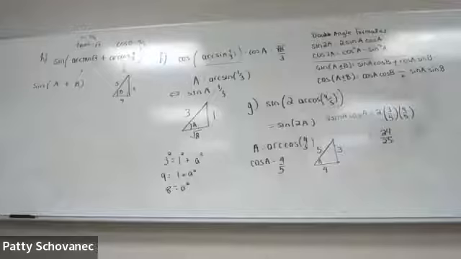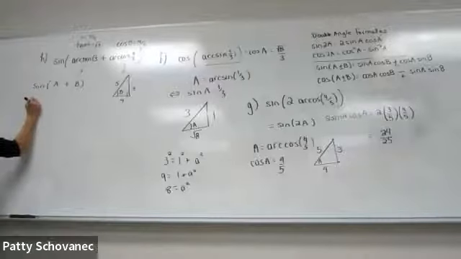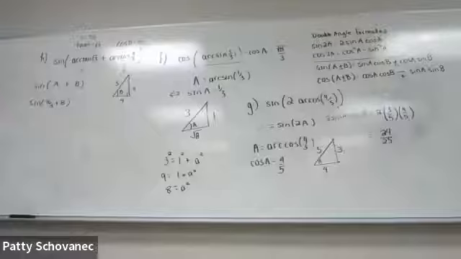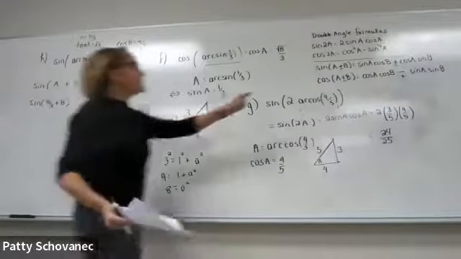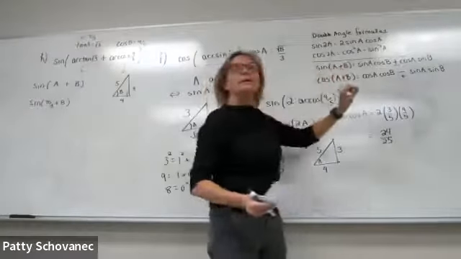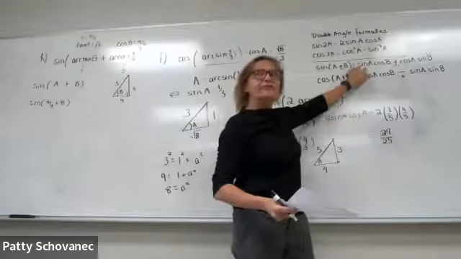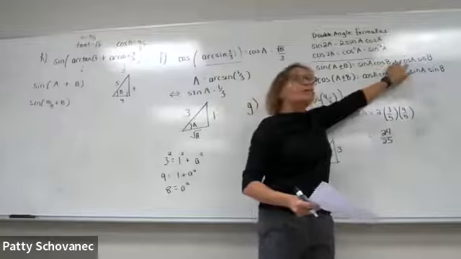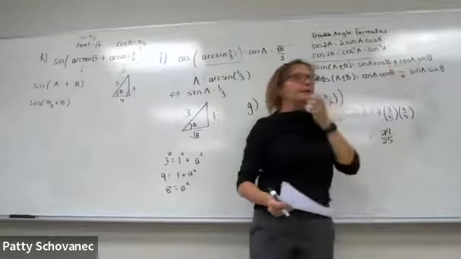So we're actually looking for the sine of pi over 3 plus b, which is not the sine of pi over 3 plus the sine of b. The sine of pi over 3 plus b is the sine of pi over 3 times the cosine of b plus the cosine of pi over 3 times the sine of b.